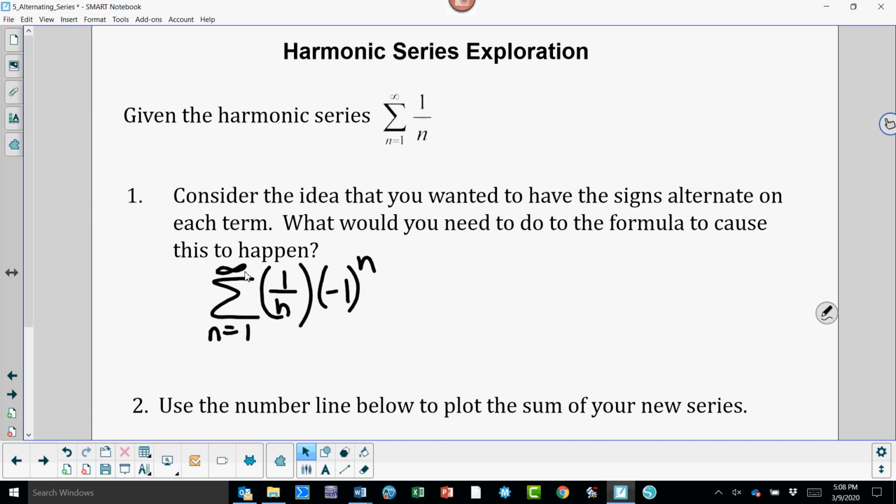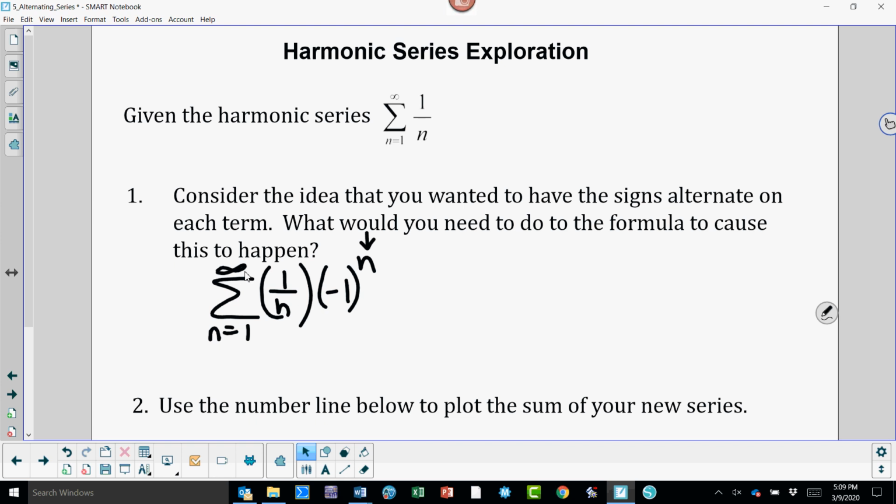The -1 to the n is the alternator, because if I plug in n equals 1 into this, then I'm going to have -1 to the first, which is -1. So the first term here is going to be negative. If I plug in n equals 2, then my second term will have -1 to the second.